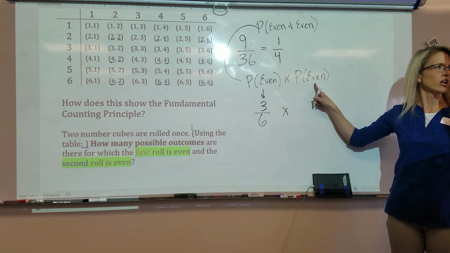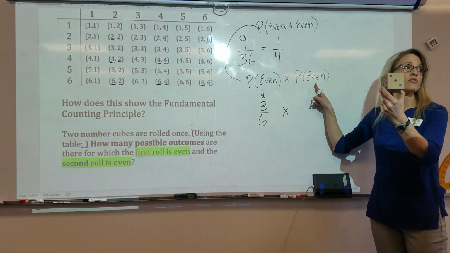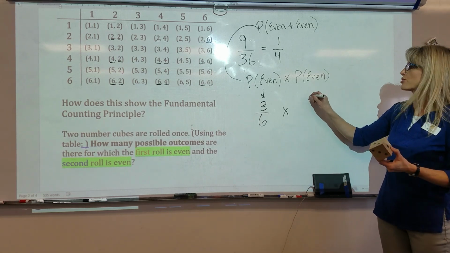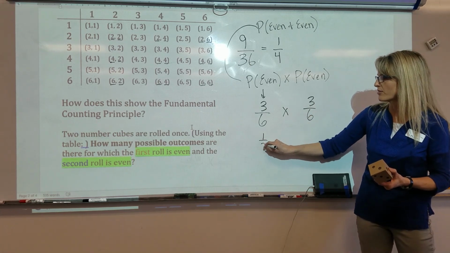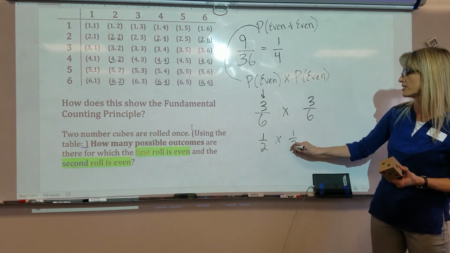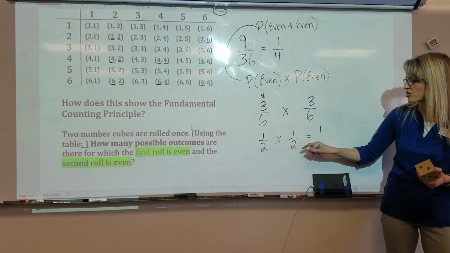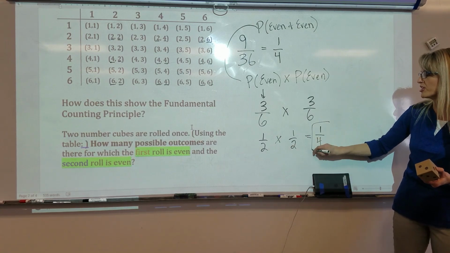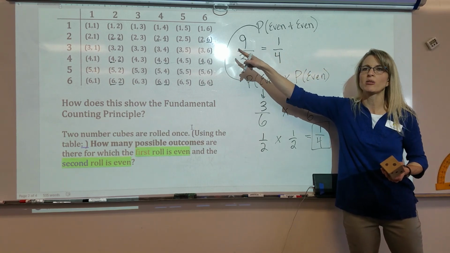The probability of rolling even on the second dice, all right, is 2, 4, or 6. So there's 3 desired outcomes out of a total of 6. Well, these reduce to 1/2 times 1/2. 1/2 times 1/2. Remember, I multiply across the top. 2 times 2 is 4. My probability is 1/4. That's what I got by counting up my huge table.